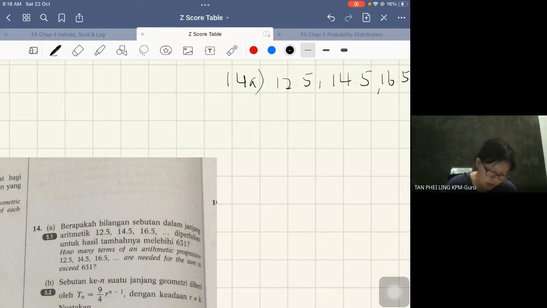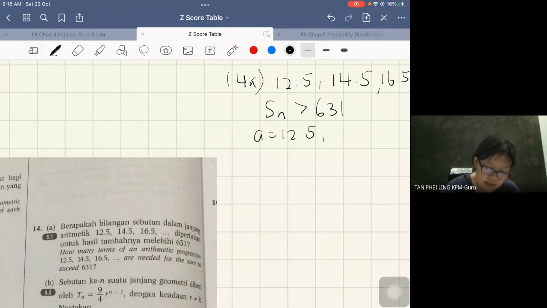So how many terms are needed for the sum to exceed 631? What you want to find is Sn more than 631. Everybody take up paper and do together with me. Clearly you need to use the sum Sn. The a that we know is 12.5.